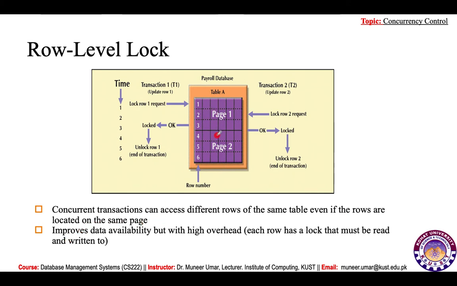Here we have two pages, page 1 and page 2 inside table A. Now T1 needs to update row 1 which is inside page 1, and T2 needs to update row 2 which is also inside page 1. So what happens here, row number 1 is locked for T1 and row number 2 is locked for T2.